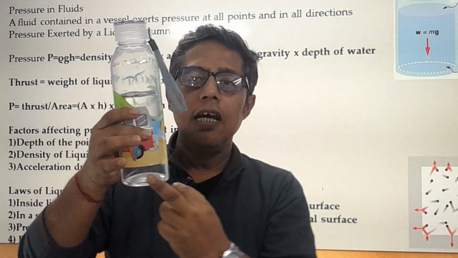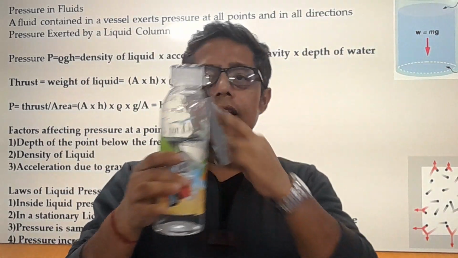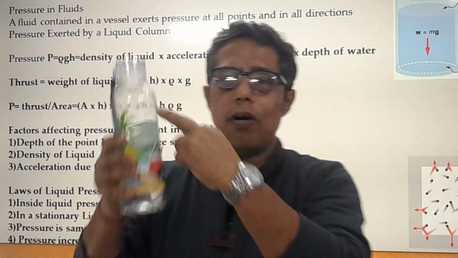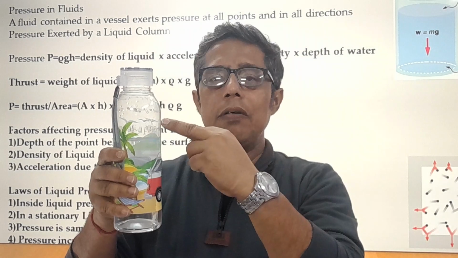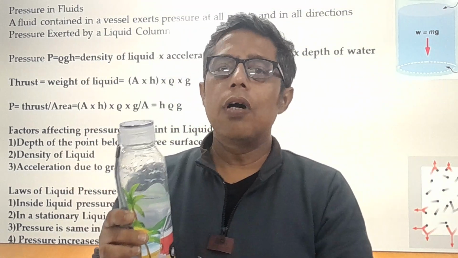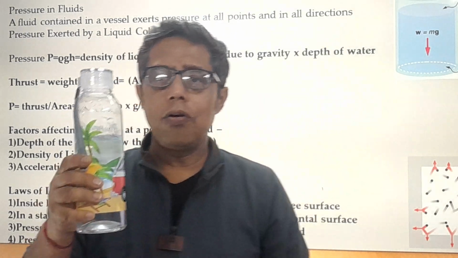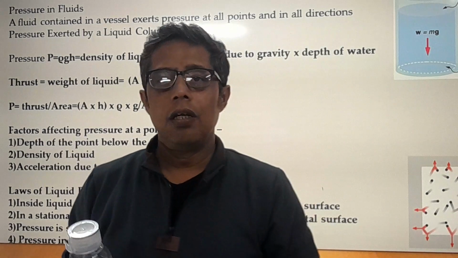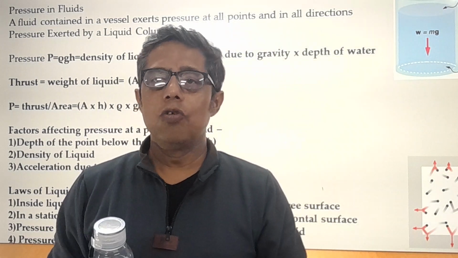They mention that this wood is 40 centimeter long. Out of this 40 centimeter, 4 centimeter is out of water, so the rest of the part is immersed in the water. Now they want to know what is the mass and density of this wood material.